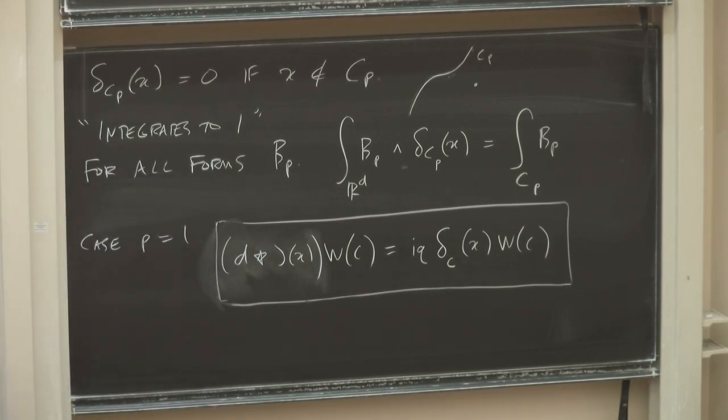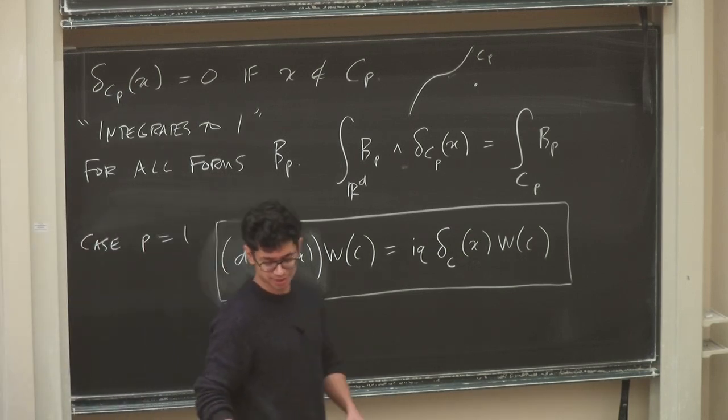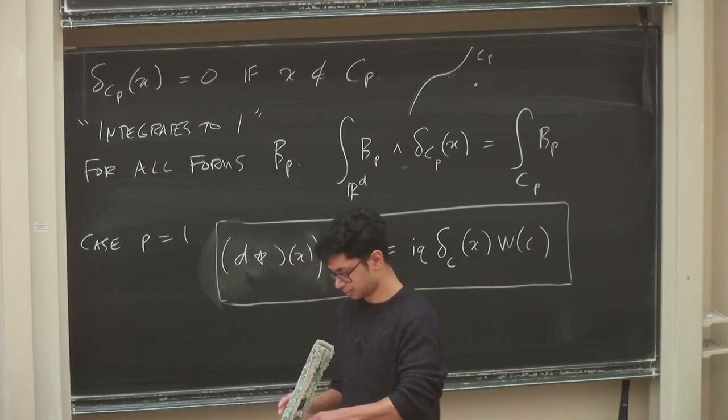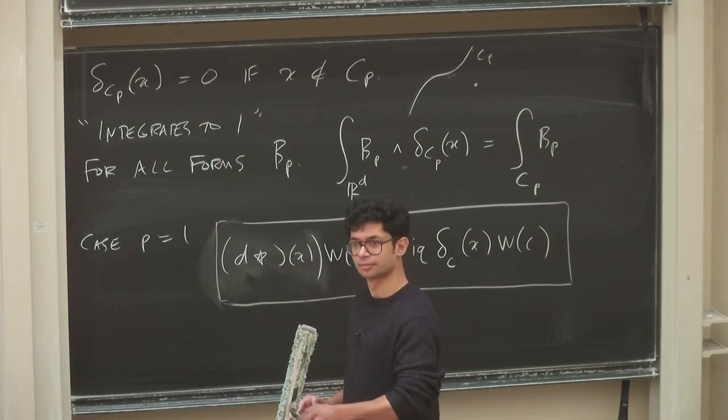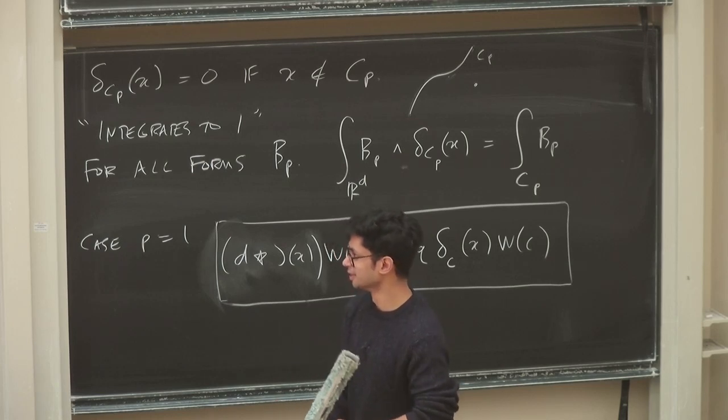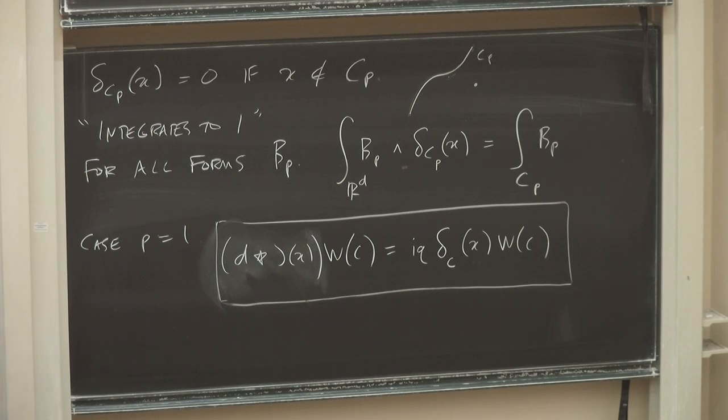Good. So I'm amazingly already out of board space, so now I will begin the process of erasing them. But are there any questions before we get into that? Okay. All right.